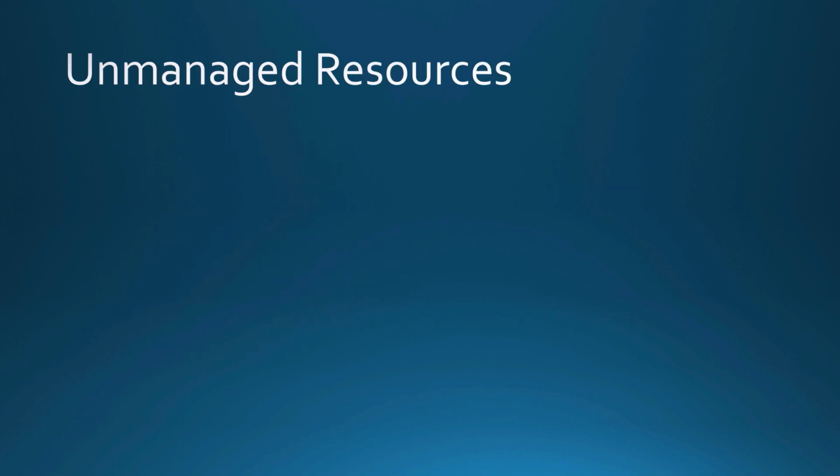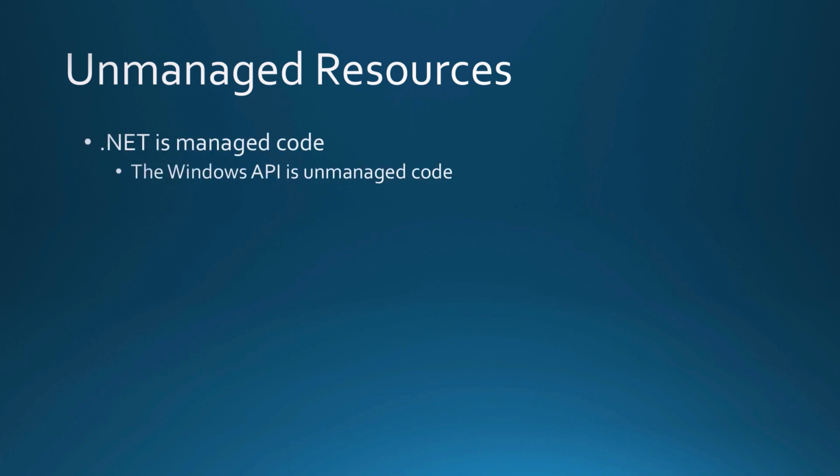One term I mentioned there was unmanaged resources. .NET is managed code. The Windows API is unmanaged code, which means there could be some issues if you don't do something right, whereas .NET is taken care of to make sure everything is done correctly.